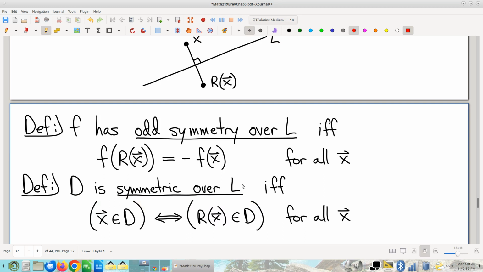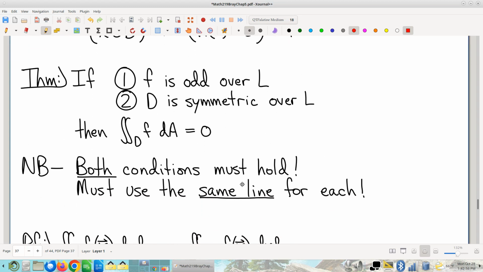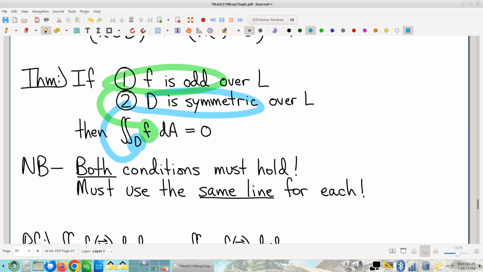So with that done, here's our theorem. It's exactly analogous to the single variable theorem. In particular, if you're looking at an integral, and if your integrand is odd, and if your domain is symmetric, then your integral is equal to 0. And what's beautiful about this is you don't have to slice this up and turn it into an iterated integral.